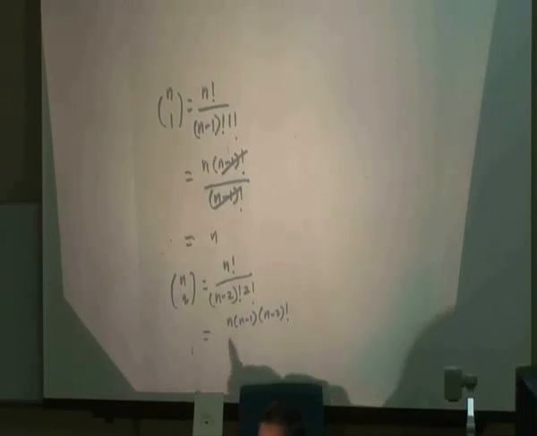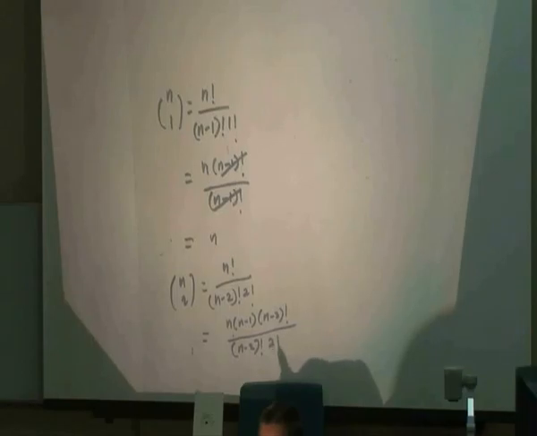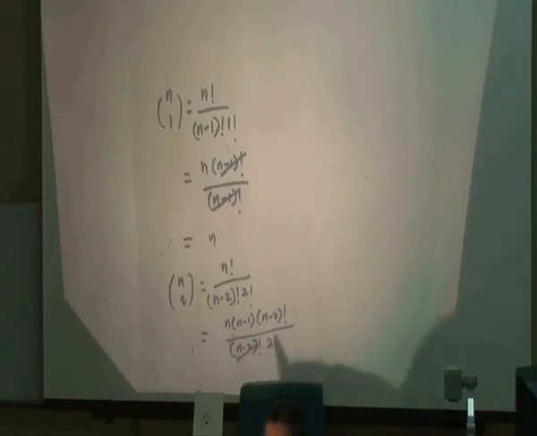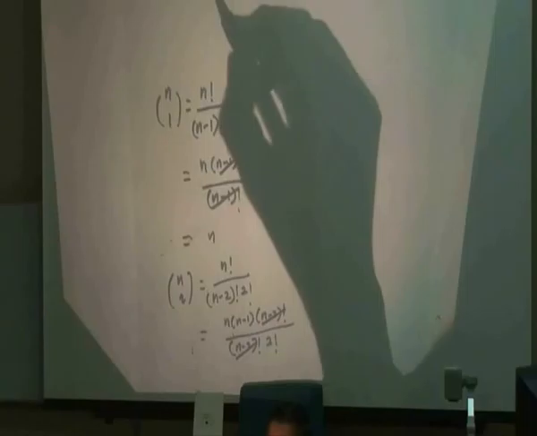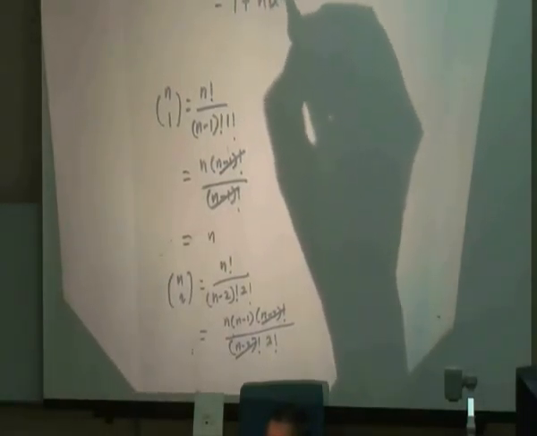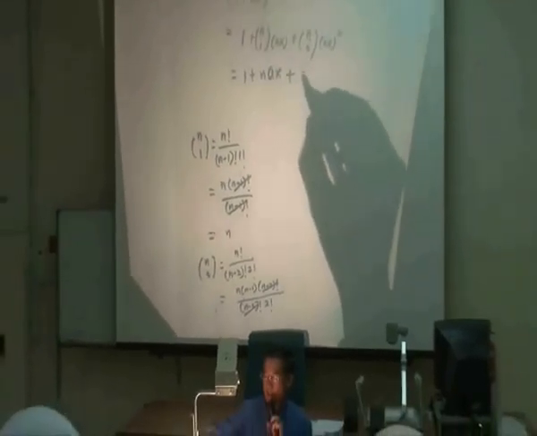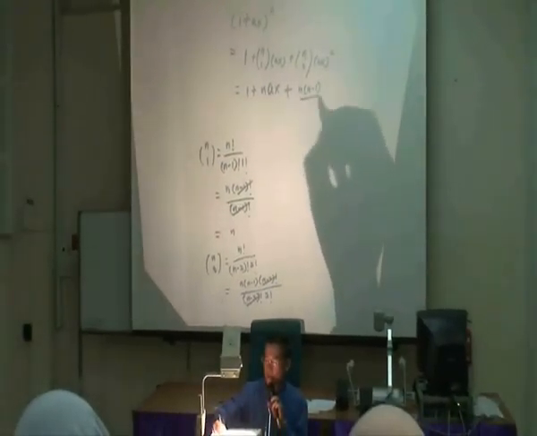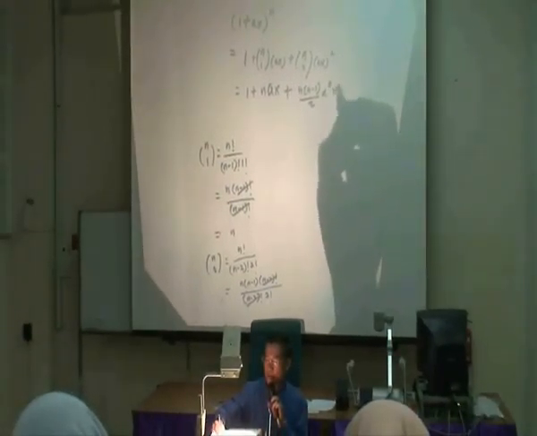So whole thing divided by n minus 2 factorial, 2 factorial. Therefore, n minus 2 factorial cancels off. That is nC2 is n times n minus 1 over 2. Therefore, we have here 1 plus n a x, then plus n times n minus 1 over 2 a squared x squared.